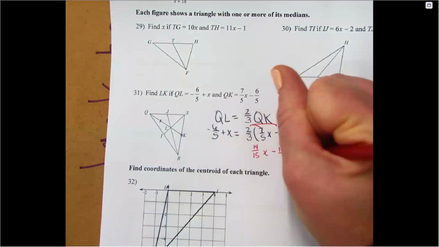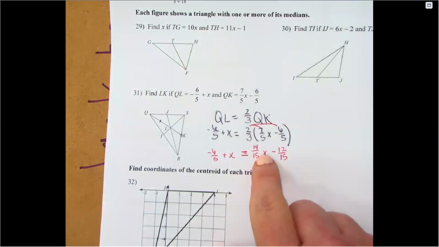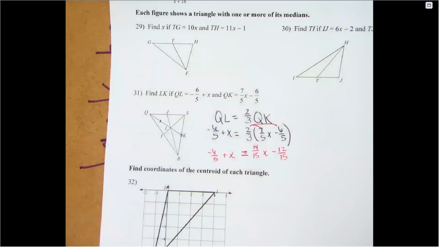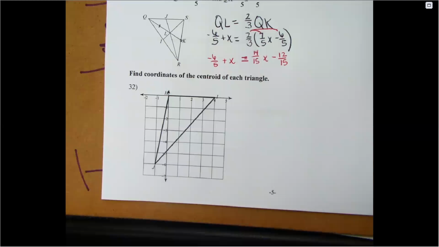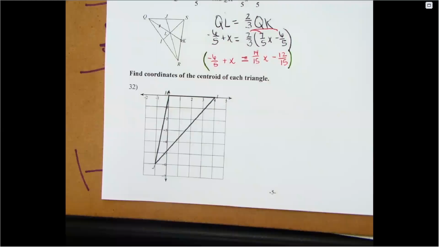Now I want to get rid of the fractions. If you're cool with fractions, you would simply subtract 14/15 x, add 6/5, and start solving. But I don't want those fractions, so I'm going to multiply the whole thing by the least common denominator, which is 15, because 5 won't do anything to those 15s.